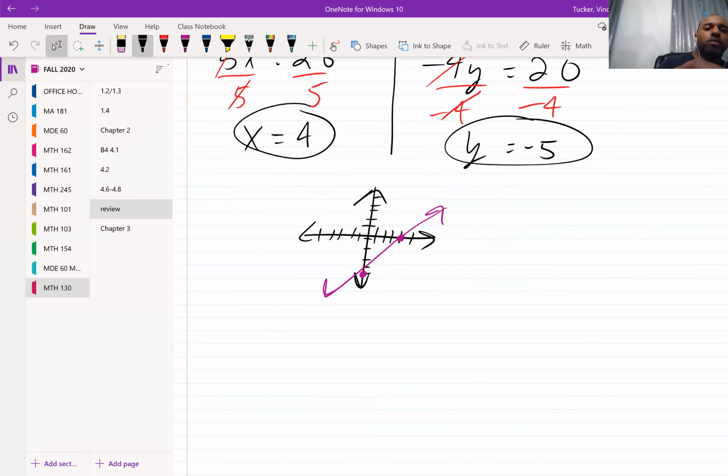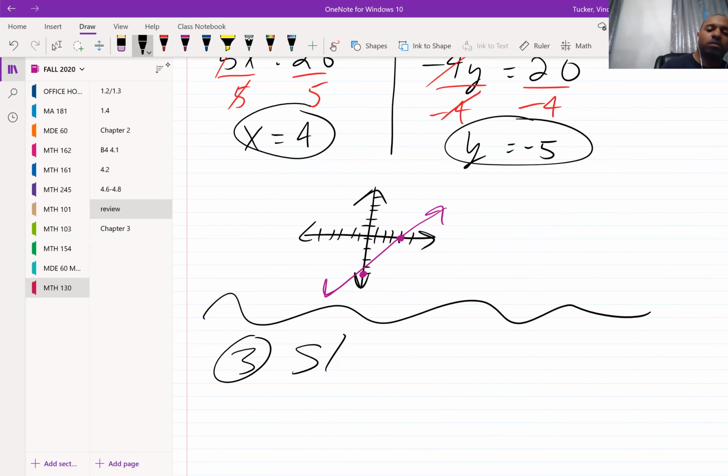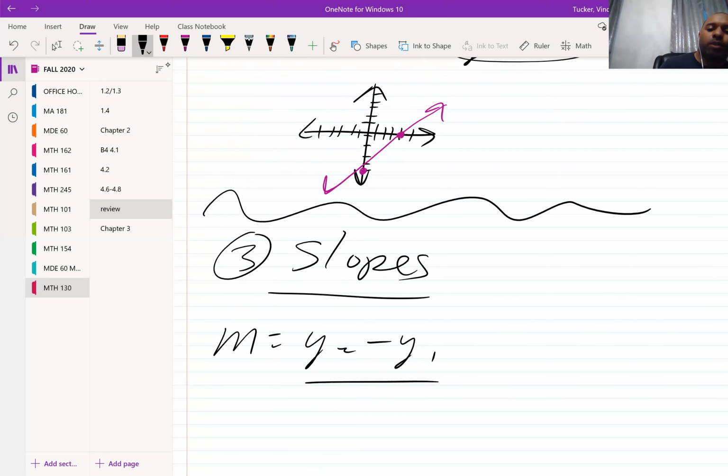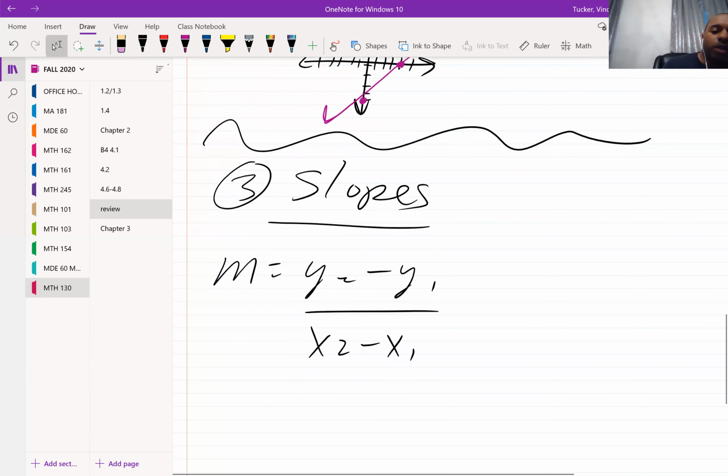So next, we talked about slopes. You can use your slopes to graph. The first thing we introduced was the slope formula, y2 minus y1 over x2 minus x1, wherein x1, y1 and x2, y2 are just two points on the line.